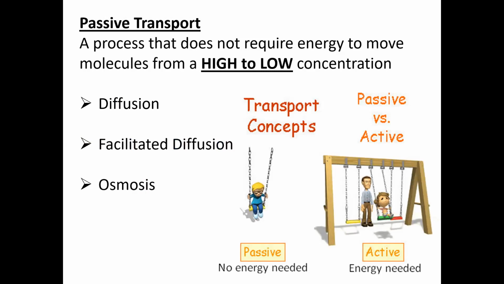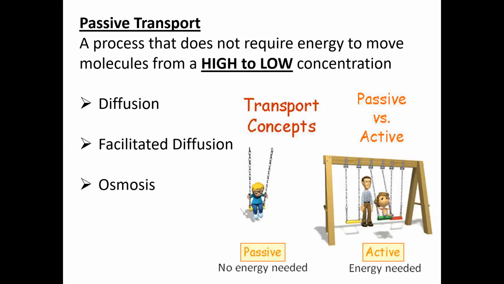Now the basic concept of transport: in a passive transport mechanism, the molecule moves from a high concentration to a low concentration, as passive transport doesn't require any type of energy, while active transport requires energy. So the passive transport mechanism is of three types. In diffusion, the molecules move from higher concentration to lower concentration.